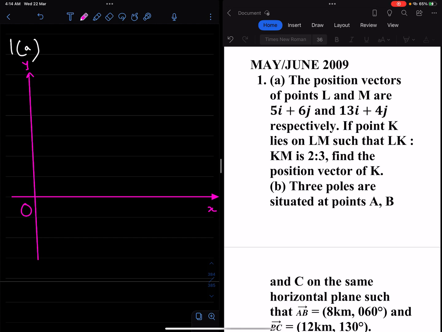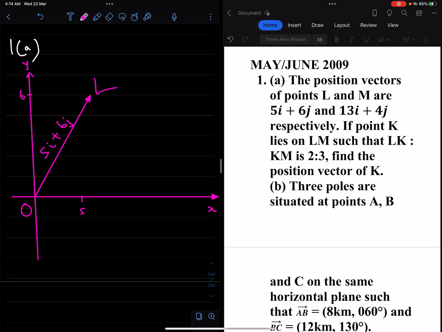This is the origin O. Let this be 5 and this be 6. So the position vector of L is OL, which is this. This is L. That means the position vector of L is 5i plus 6j. You can label it this way or just put 5, 6 in brackets here. That will also mean the position vector of L is 5i plus 6j.